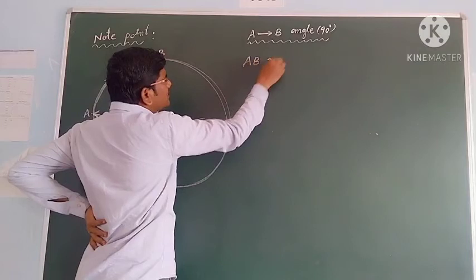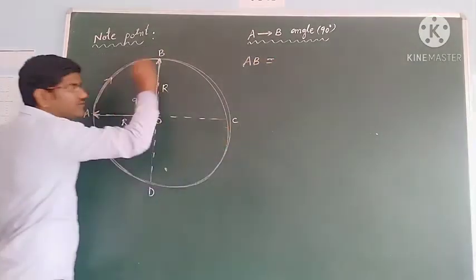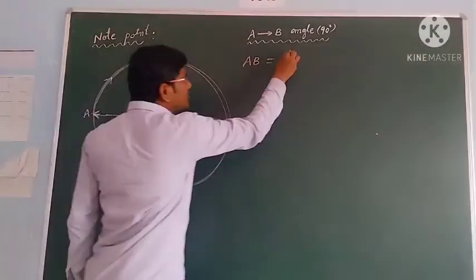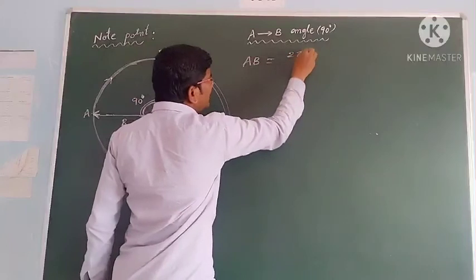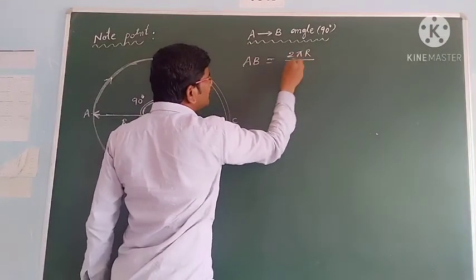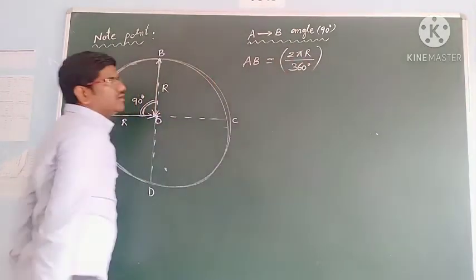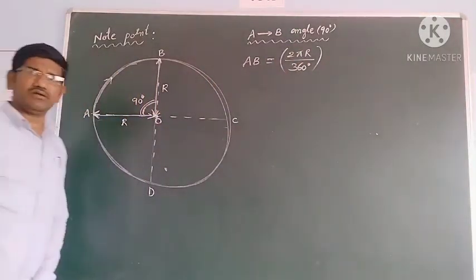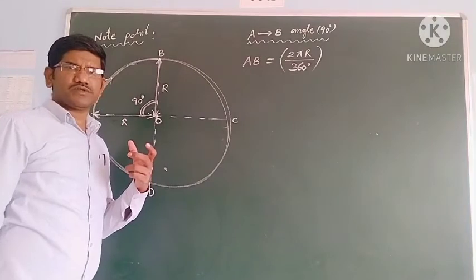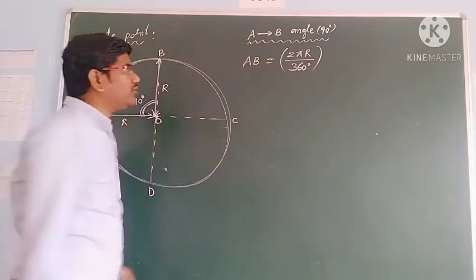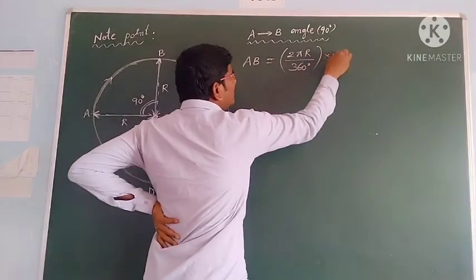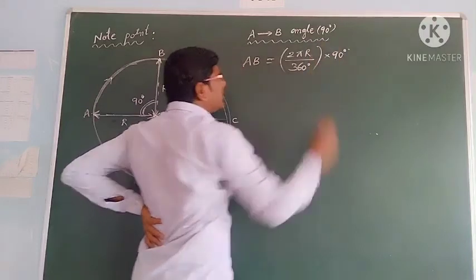So AB is equal to, see students, for complete rotation we have 2 pi r as the arc, for 360 degrees. So for 1 degree we divide by 360, and into 90 we get for 90 degrees.